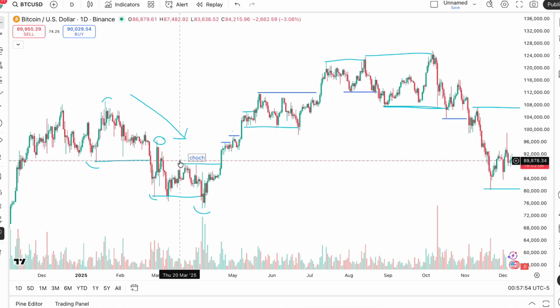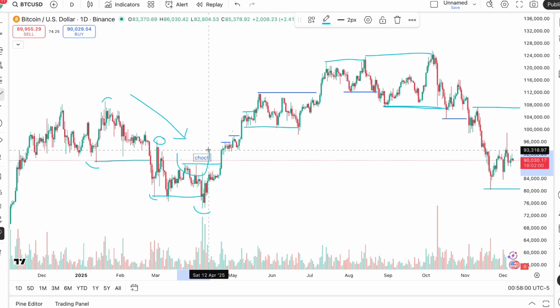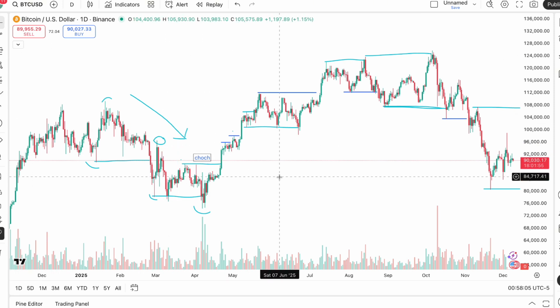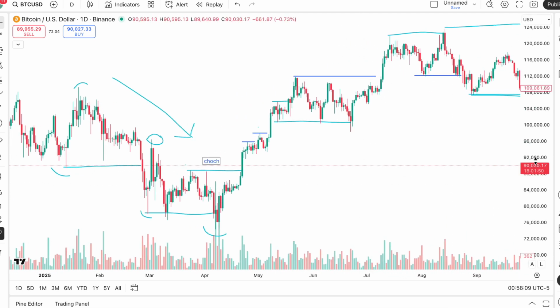Price took the previous lower high here, and it started making higher highs from that point onwards.